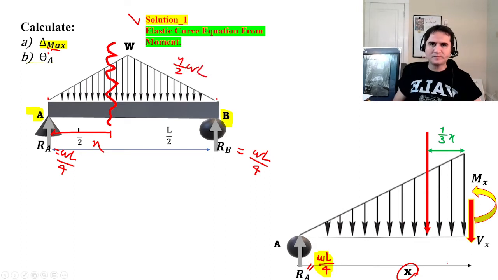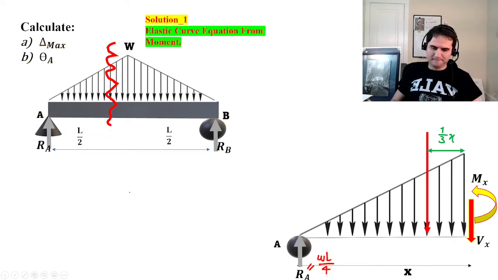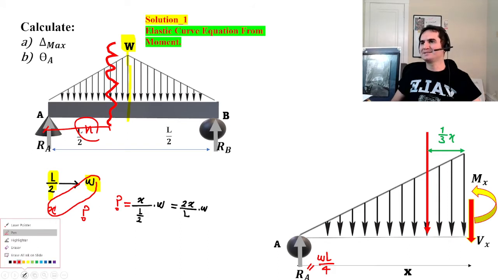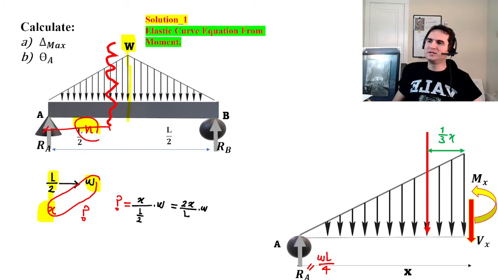Now consider the equation for M. At L over 2, halfway through, the intensity is W. If we cut our section at a distance x, the intensity of load at the length of x is W times x over L over 2.